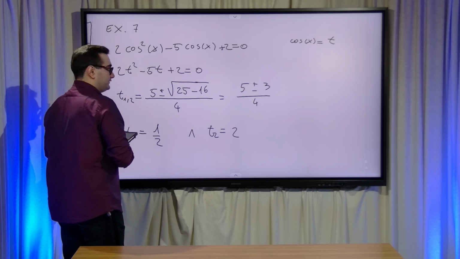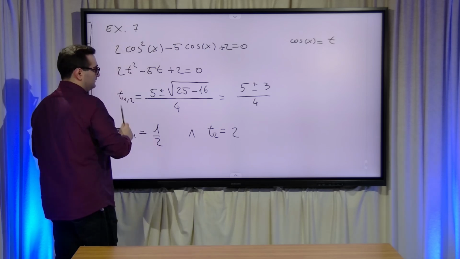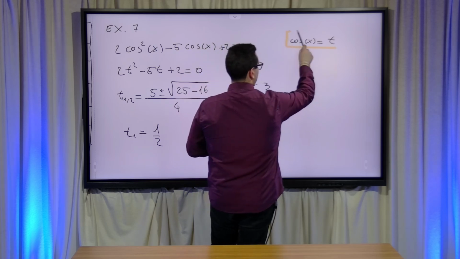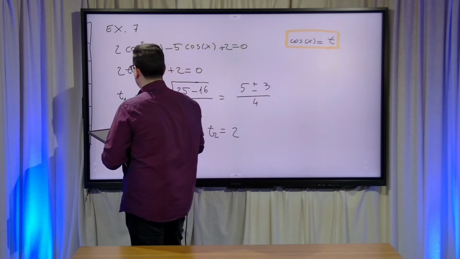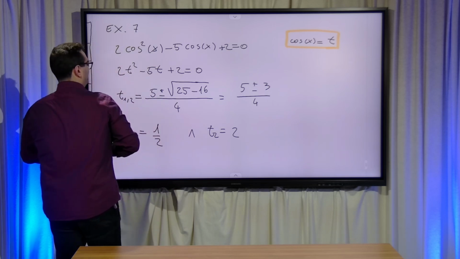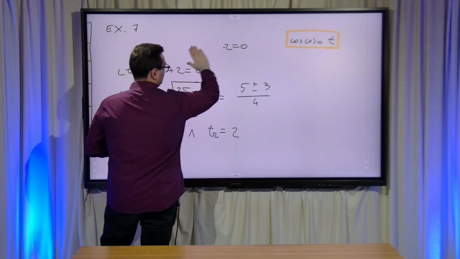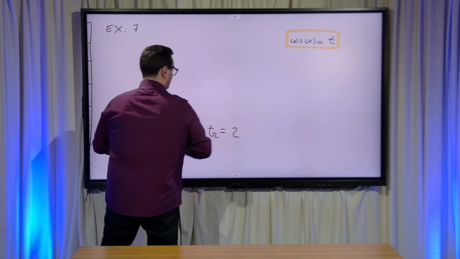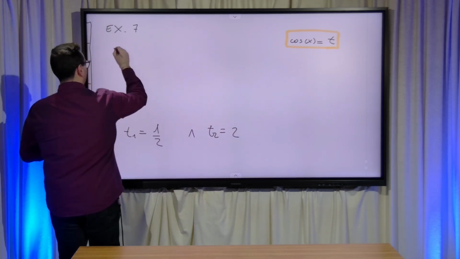But I have not finished yet, because t is equal to cosine of x. I did this substitution here. So I have to replace t with the cosine of x.